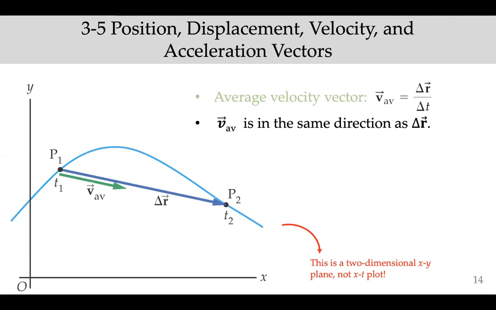Okay, so now we learned how vectors work. Now we can talk about how we can apply them to kinematics. So now I'm going to show you some plots, and these plots are not YT or XT graphs, okay? These are the XY plane, so this is basically the two-dimensional plane.